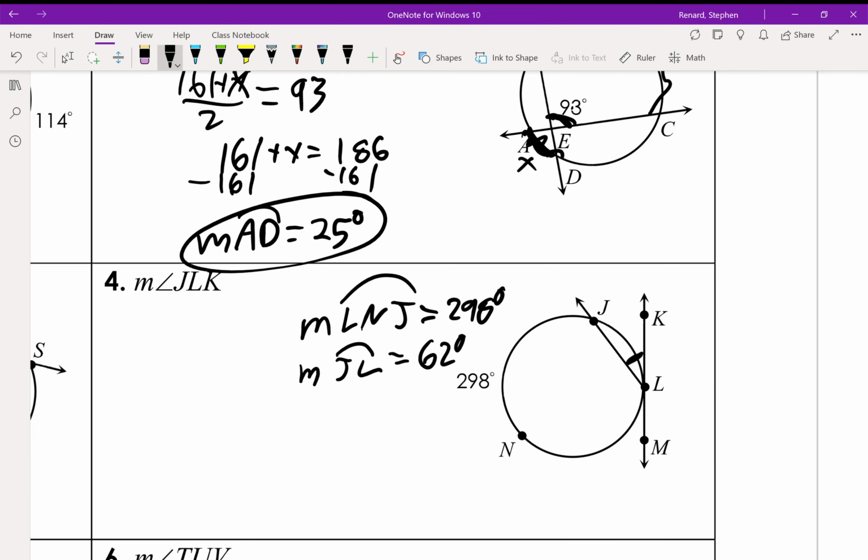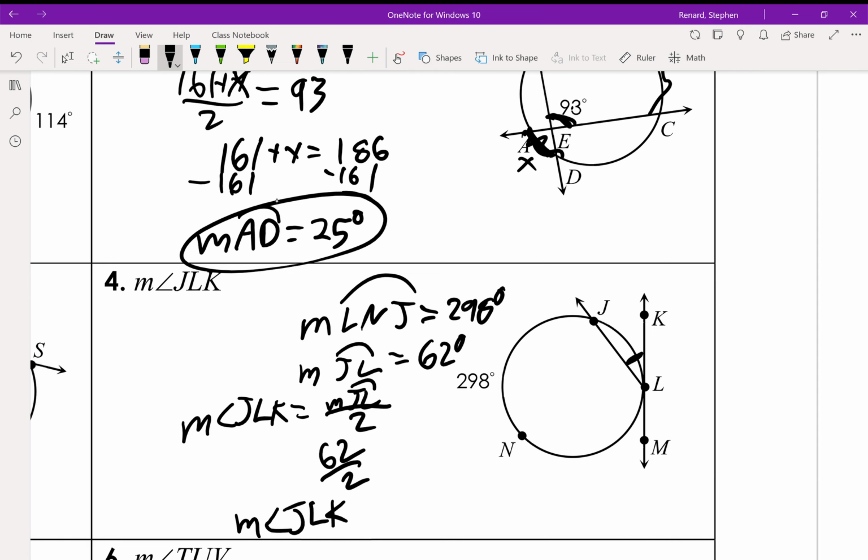Here they meet on the circle, so the angle is half the arc described. So the measure of angle JLK is 1/2 of arc JL. Since arc JL is 62, 62 divided by 2, the measure of angle JLK is 31 degrees.